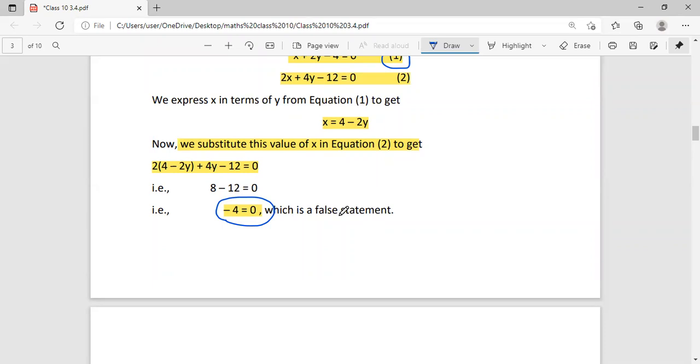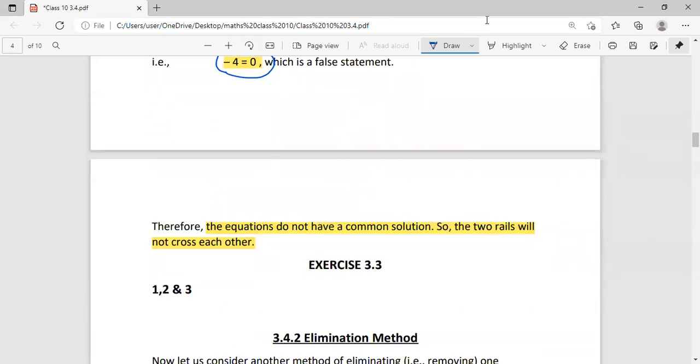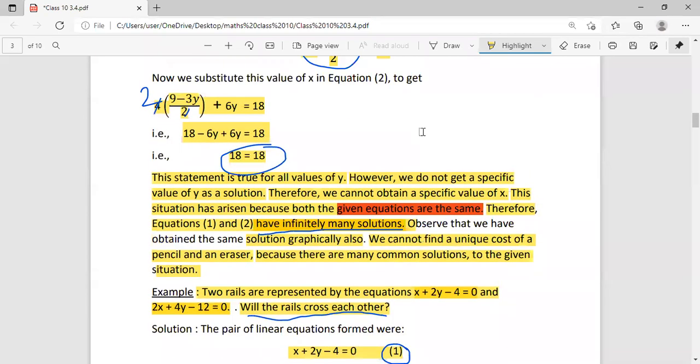So that was about today's class. You have exercise 3.3. Only 3 questions are there. You can use the substitution method to solve all these questions.